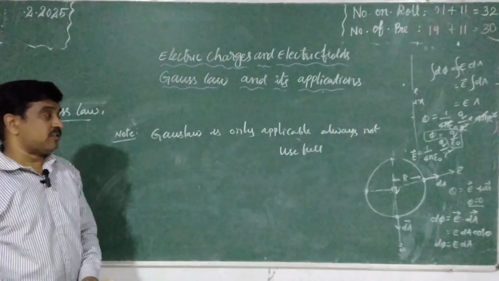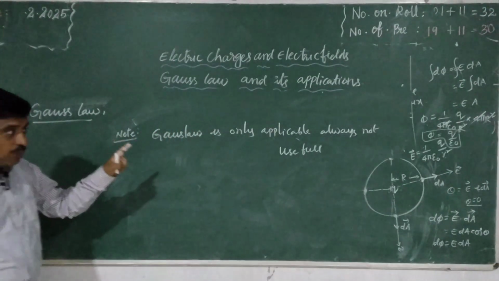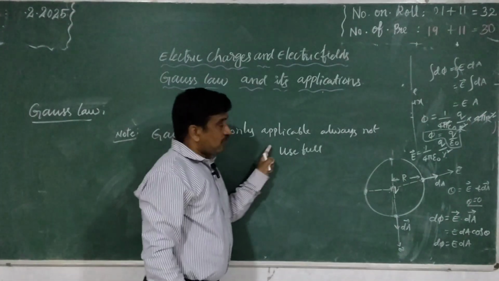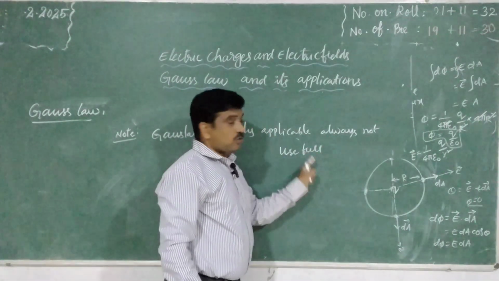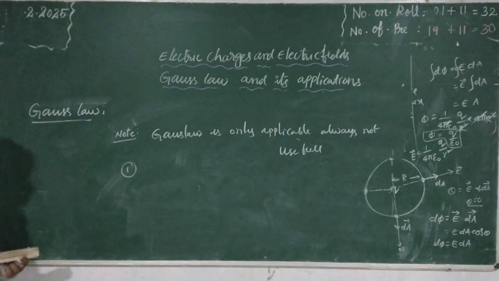We can use this Gauss law only in a particular case. So we can say that Gauss law is only valid, applicable only, not always useful. What are the properties? Some properties are there. What is the first one?